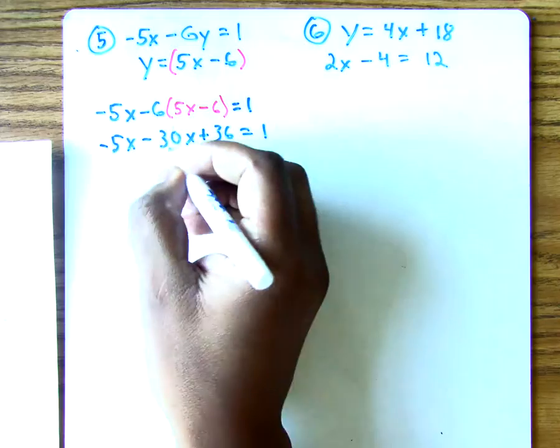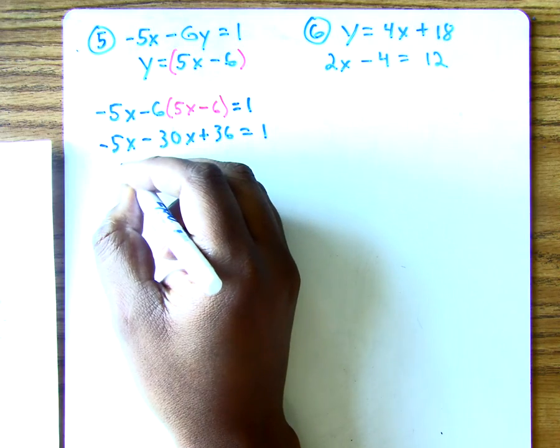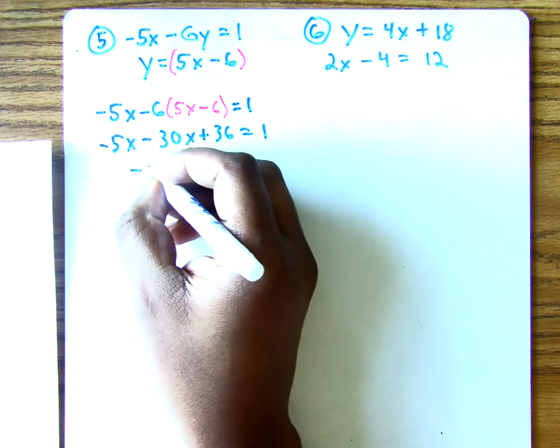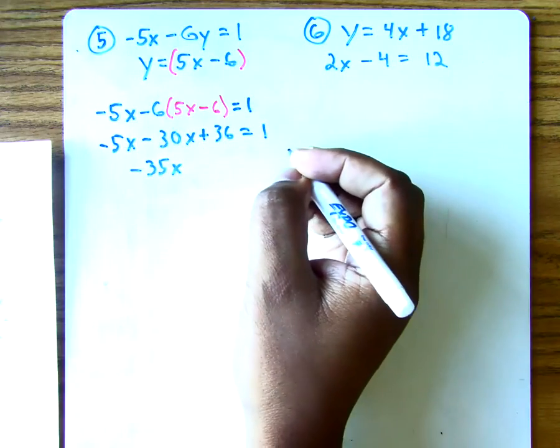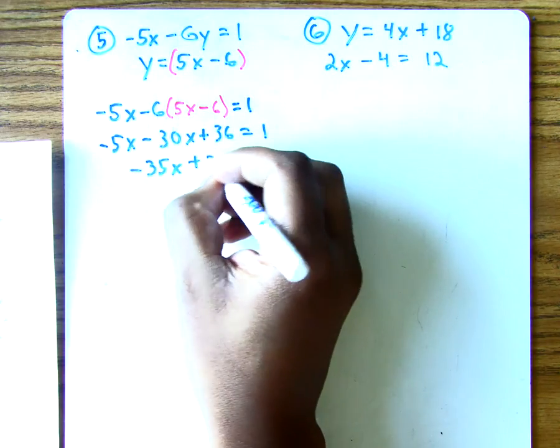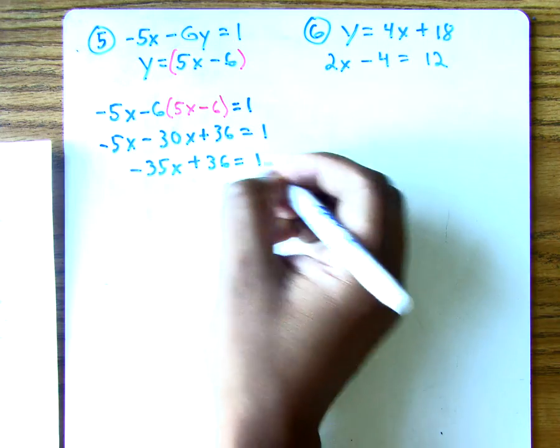I'm going to take these like terms and put them together, and that gets us negative 35x plus 36 equal to 1.